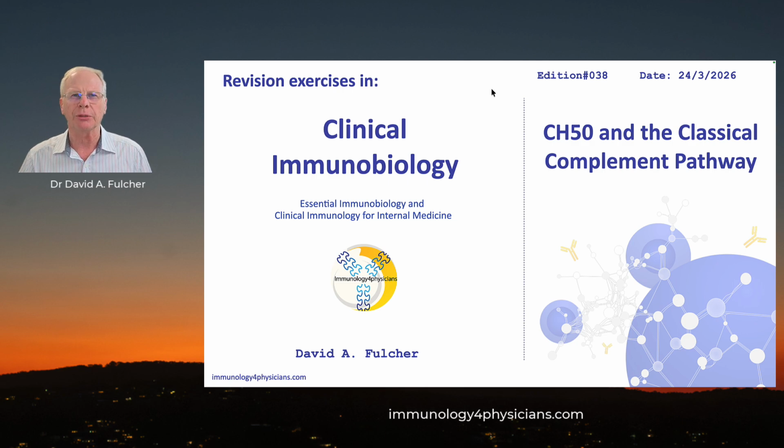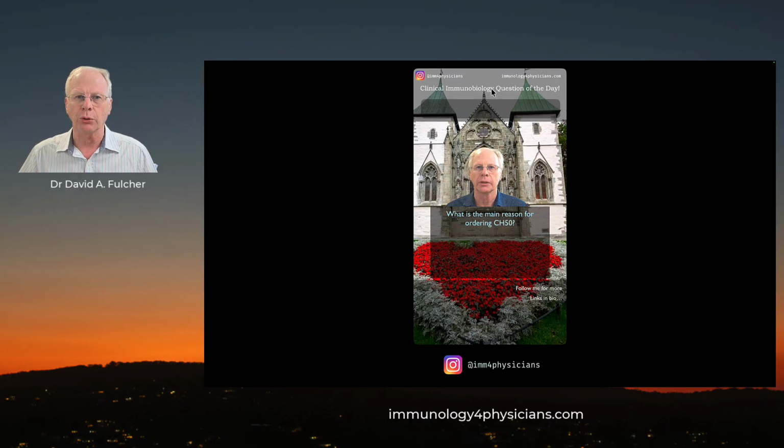But I'll take this opportunity to explain the classical complement pathway and why we measure CH50. Now, this was a question over on my Instagram feed, a reel talking about why we order CH50, and this is the companion to that, specifically the details and a little bit more information about why we do that.